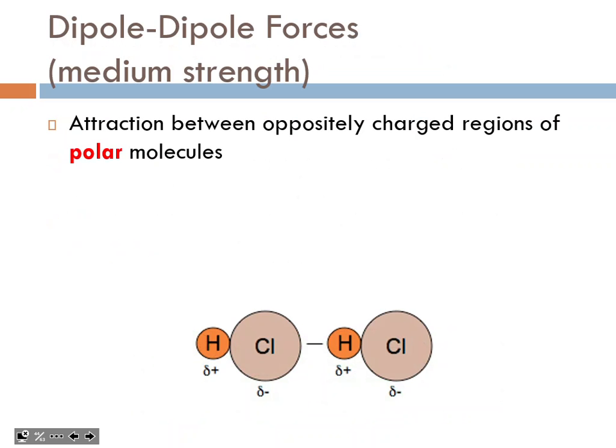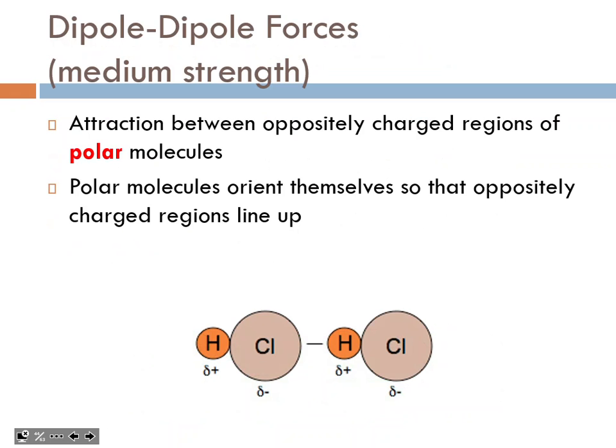Dipole-dipole forces are stronger than LDF, and that's because they have permanent dipoles, they are polar molecules, and they line up based off of their charges. So the partial negative is attracted to the partial positive of the other molecule, and they line up in that particular order.